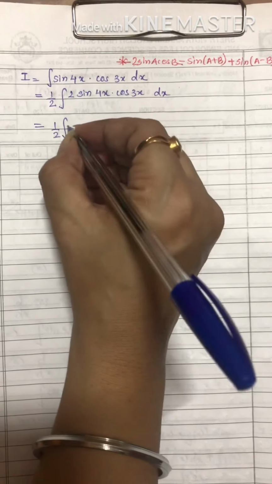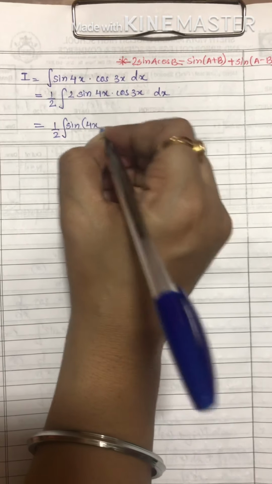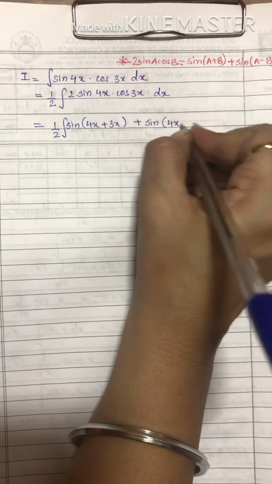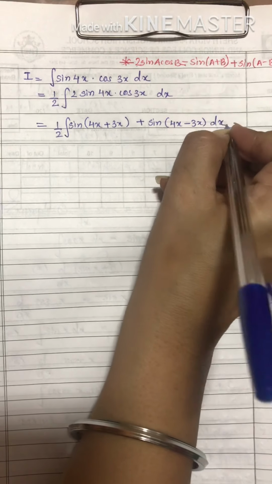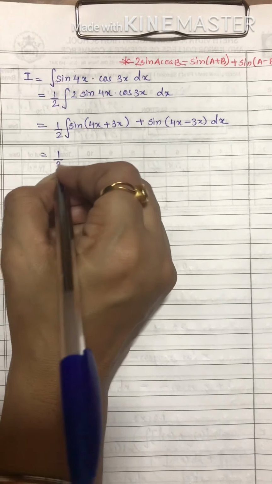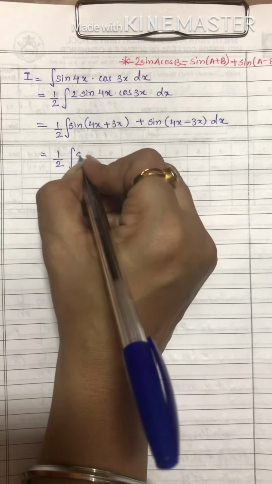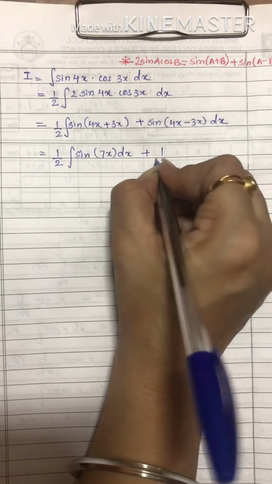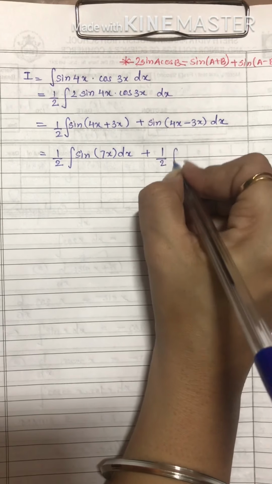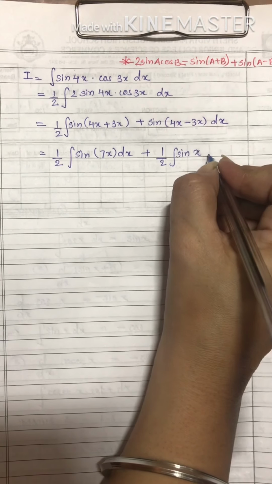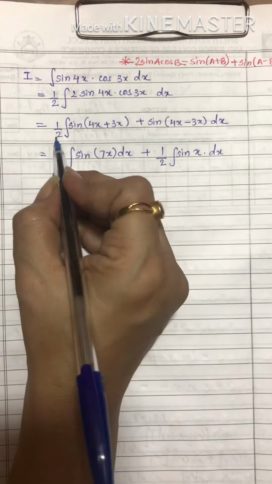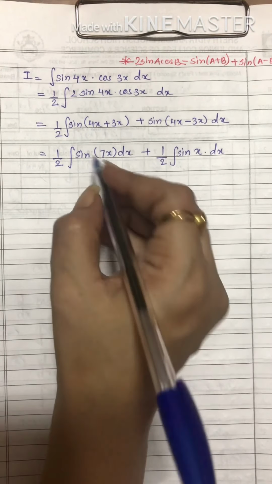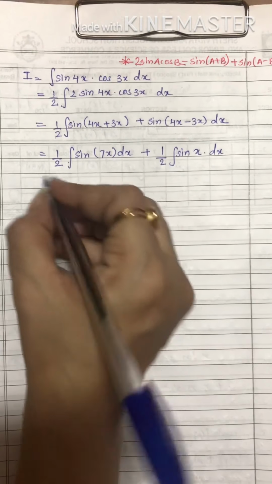So I get sin (4x plus 3x) plus sin (4x minus 3x). So we get half integration sin 7x dx plus half integration sin x dx. Do not forget this half is actually for each and every term inside the integral. So I have taken it in for both the terms like this.